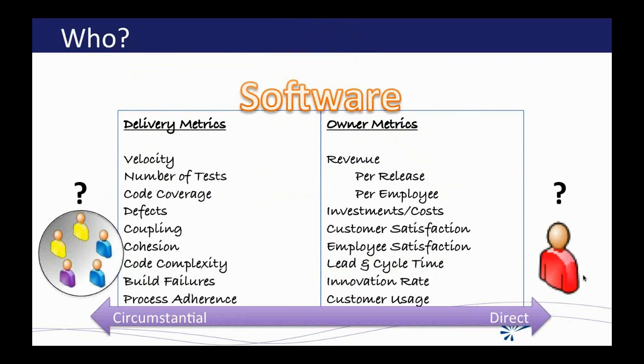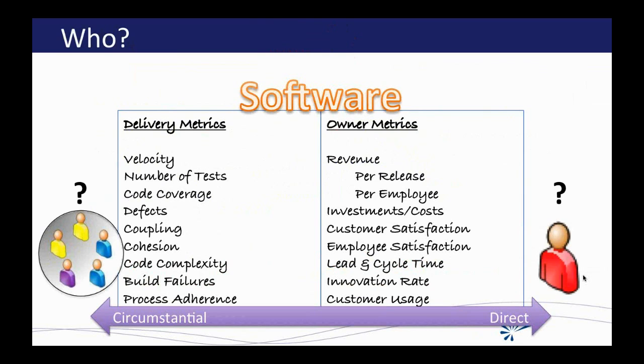What about in software? What would happen if a product owner or a product manager came to a team and said, hey, my stakeholders are asking for some progress reports. I need to give them something. I need to tell them how things are going. What can I give them? And if that product owner hasn't done the work necessary to figure out what is valuable to them and what those metrics are, then all they're going to be left with is the stuff on the left.